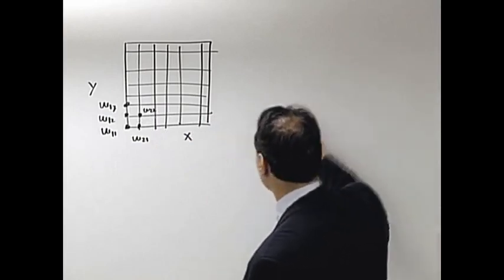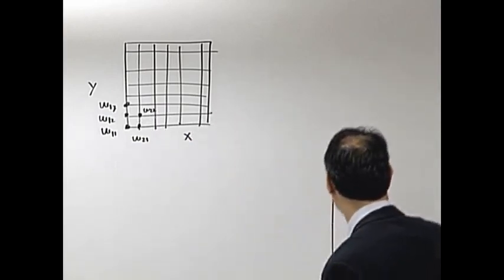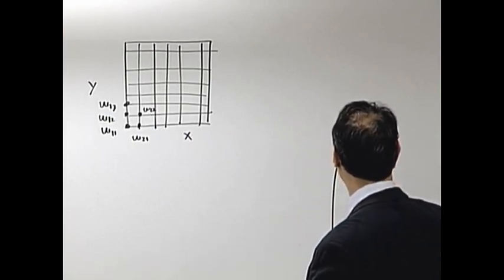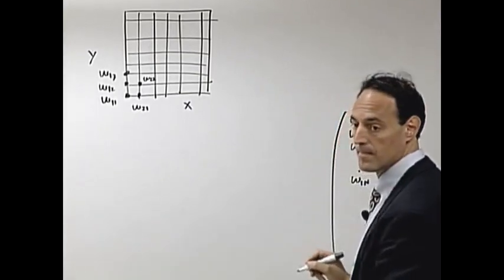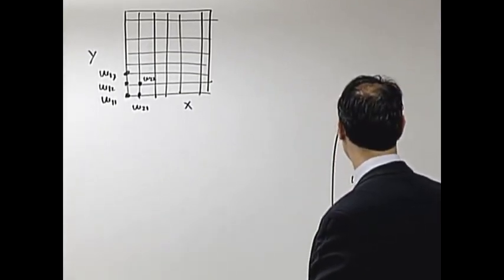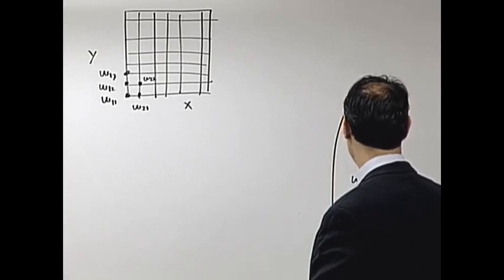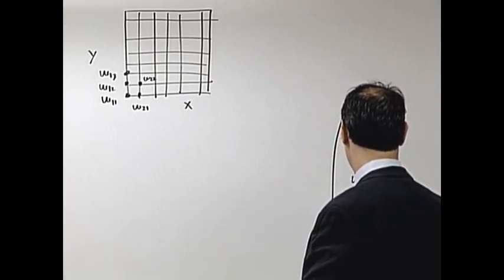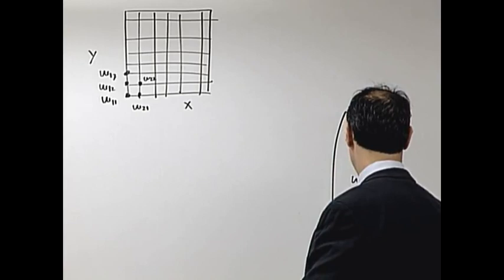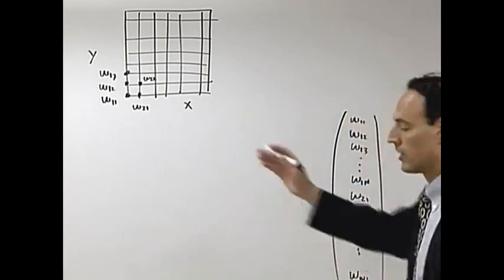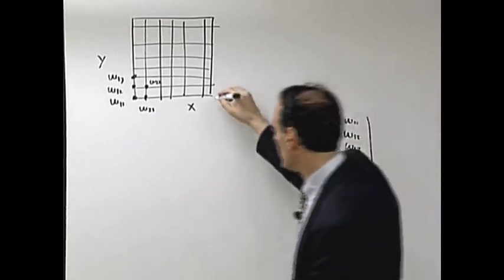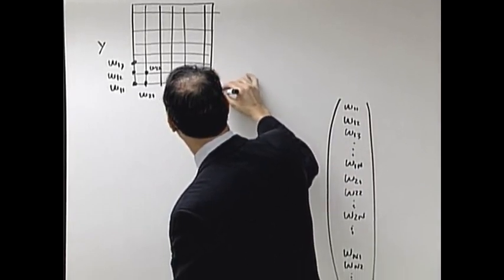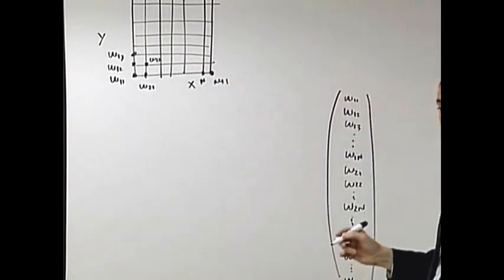Remember how I stacked information: omega 1,1, omega 1,2, omega 1,3, all the way up to omega 1,n, then omega 2,1, omega 2,2, all the way to omega 2,n, and then omega n1, omega n2, all the way to omega n n. So we're going to cut it up like a square. Actually, that's my n plus first point, and my nth point is here. Let's talk about why I have n plus 1 points. Because remember, it's periodic boundaries.